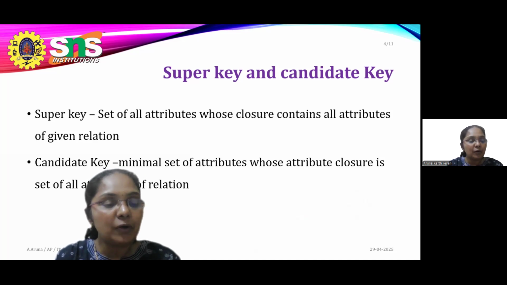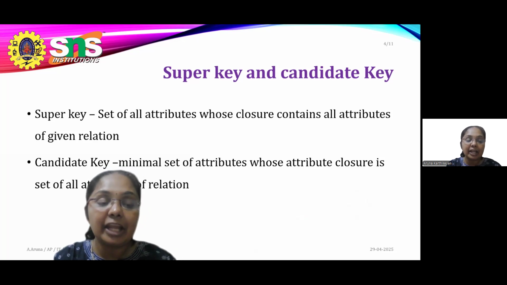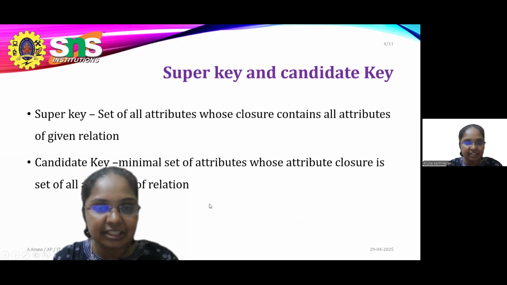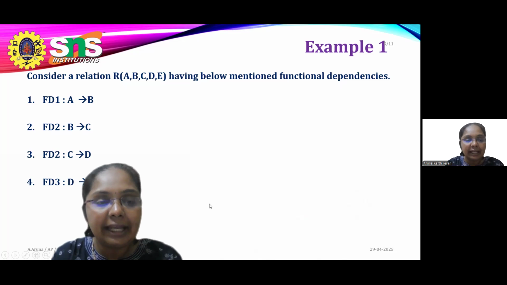If I want to set the primary key of my table, for that particular reason alone we calculate the candidate key. Your table can have many candidate keys. Out of many candidate keys, we select only one key as the primary key. The remaining keys act as alternate keys for that particular relation. So this is the super key and the candidate key.